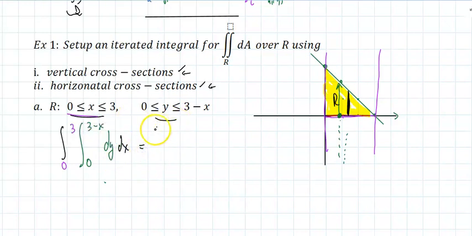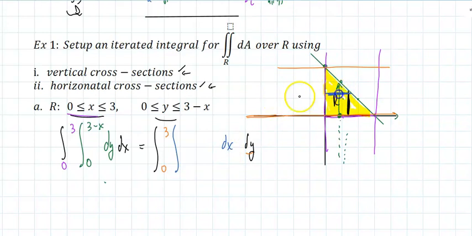I could say, let me start with dy first. Well, if I start with dy, y runs from 0 to 3 as well. And x is going to run, so now I'm running sideways, right? X is going to run from 0.